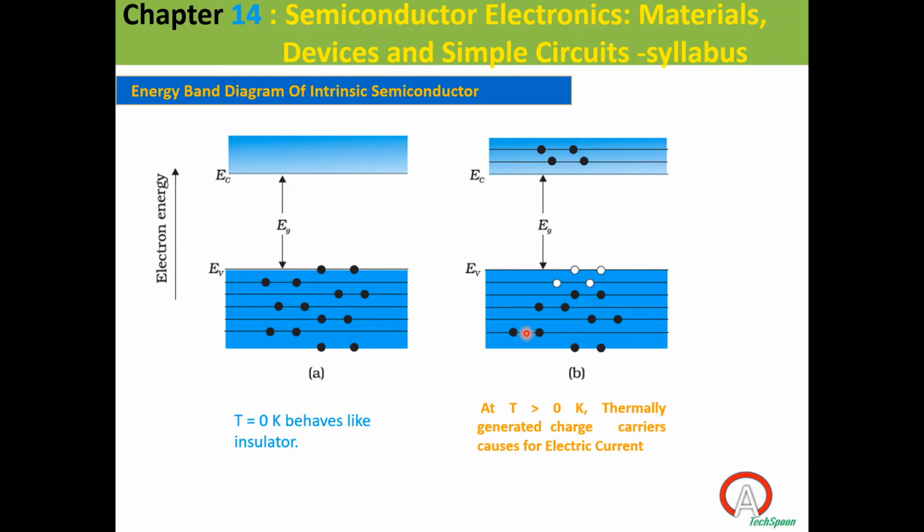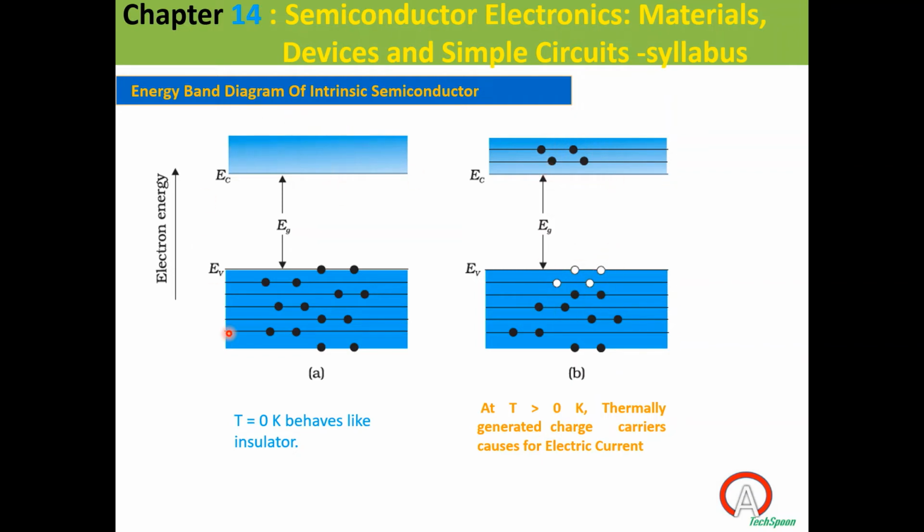Now you have to note one more point here. The number of holes generated is equal to the number of electrons generated. The number of electrons generated through thermal excitation is equal to the number of holes generated through thermal excitation. This point also you have to remember.